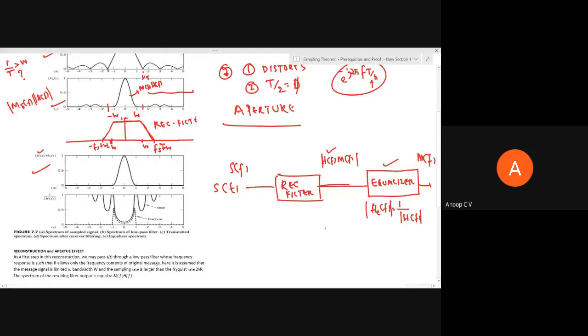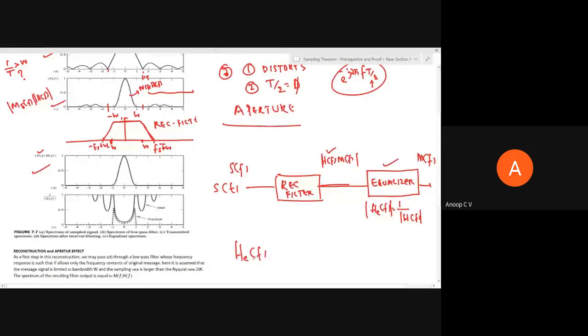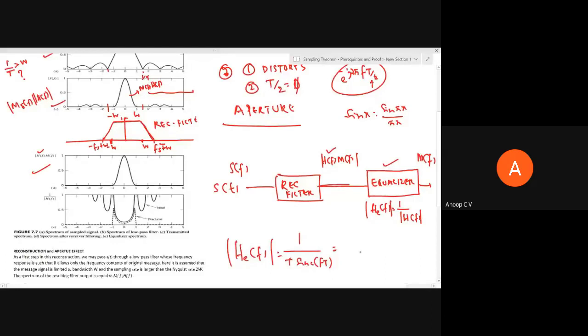Now we'll see what actually is this H_e of f. This H_e of f, that is 1 by H of f, is 1 by T sinc fT. And sinc of x is nothing but sine pi x by pi x. So it will be sine pi fT by pi fT.